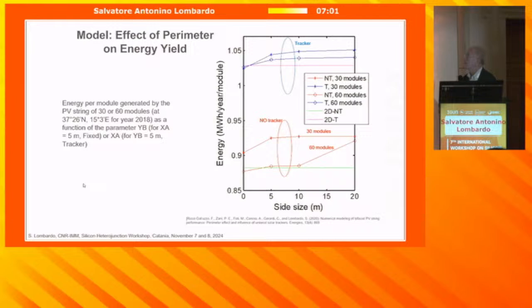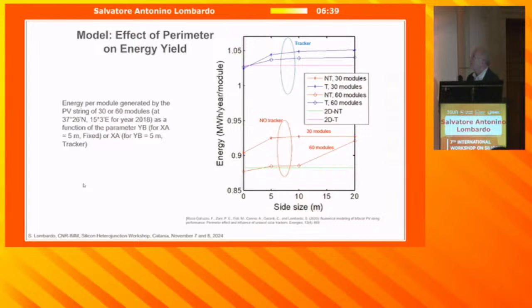Okay, let's see the overall effect according to the model. Here we're comparing the case of a string of 30 modules or 60 modules. The calculation is done at the latitude of Catania. Okay, here we're changing the perimeter size. This is without tracker, and this is with tracker, 30 modules and 60 modules.